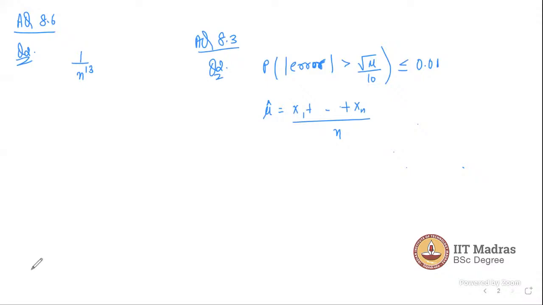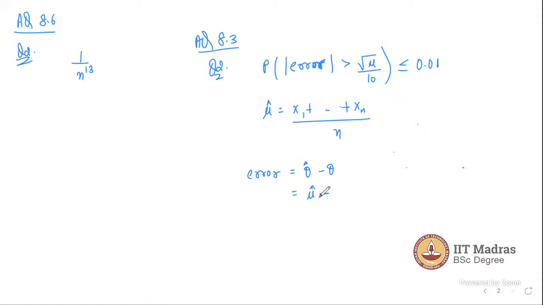So what is error again? Error is theta hat minus theta. So in this case, what is your theta? Theta is mu. And theta hat is mu hat.